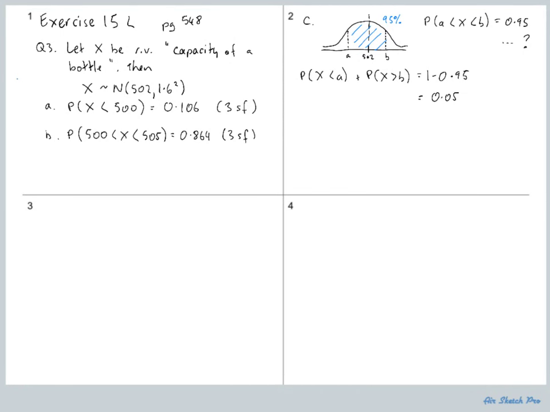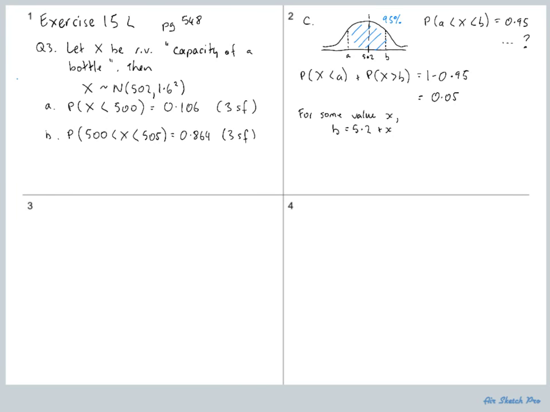And what I'm going to do is slightly different to what I showed a couple of people yesterday, but I think this actually makes more sense in terms of a normal distribution. I'm going to say that for some value, I'm going to use lowercase x, for some value of x, B is equal to 502 plus x. Just some value more than 502.